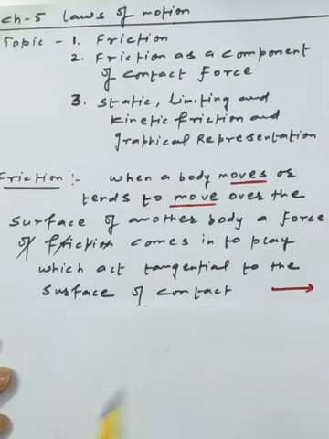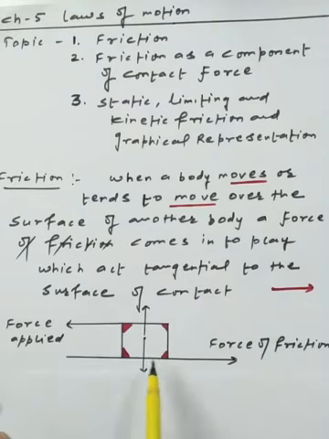So we can make the following assumptions about friction. Now, one of the basic diagrams I have taken in front of you: a box lying on a surface, so two surfaces are in contact, the surface of the floor and the box lying on the floor.